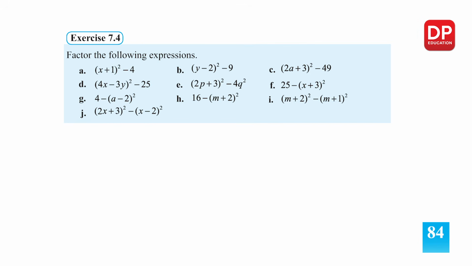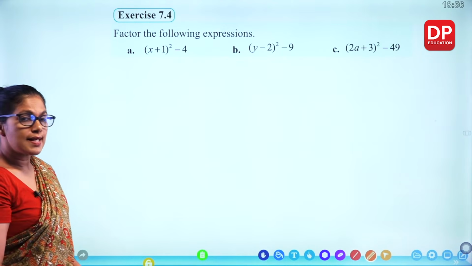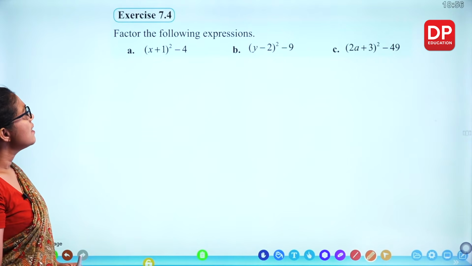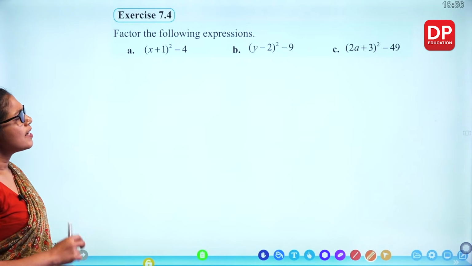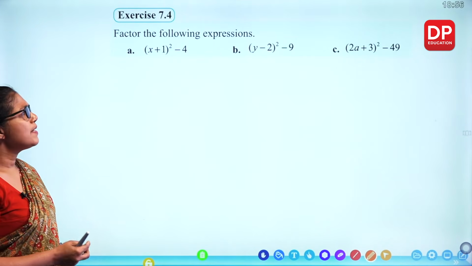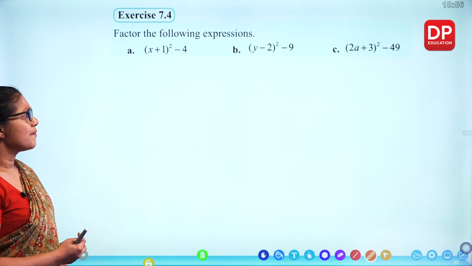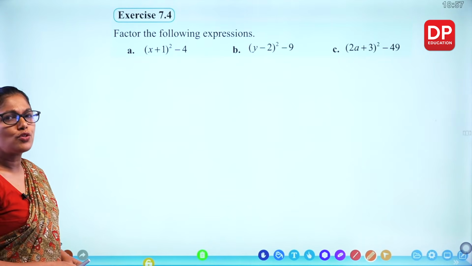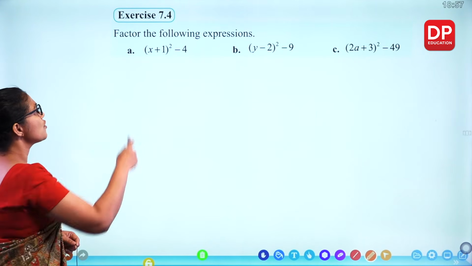Now we'll look at exercise 7.4 in your textbook. So this question we need to factorize. So here all these questions given with two terms and the middle sign is negative. So that means you need to try with difference between two squared terms. So we'll try to do that.